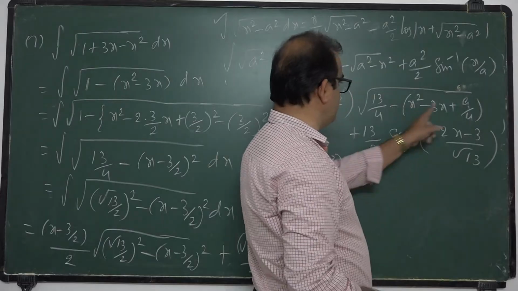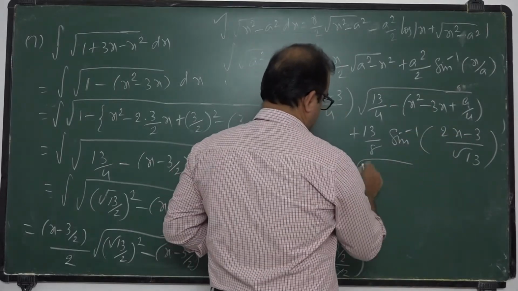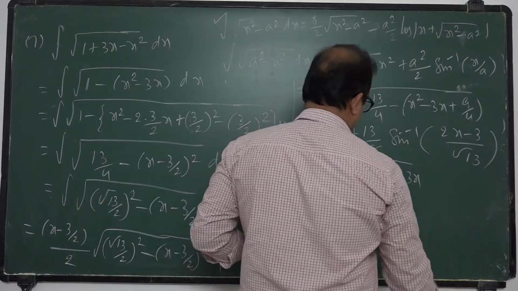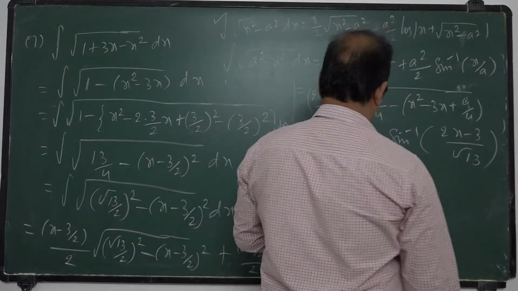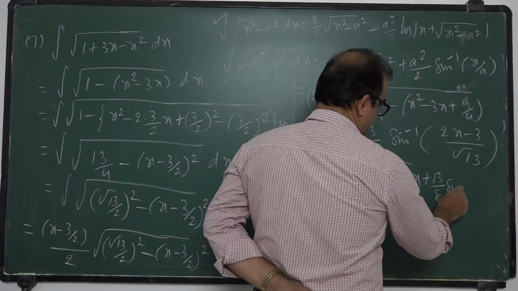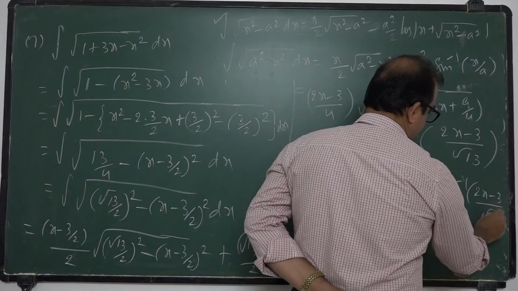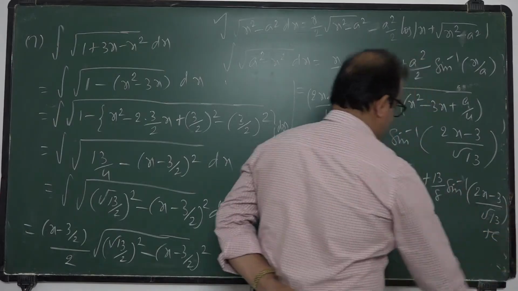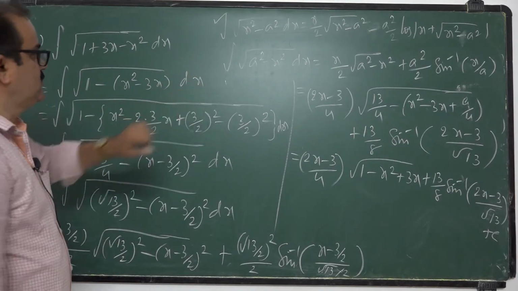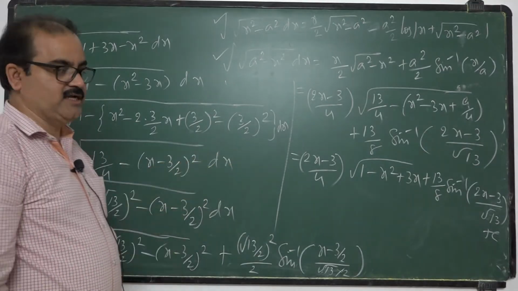Here 13 by 4 minus 9 by 4, 4 by 4 is 1. 1 minus x square, minus into minus plus 3x, plus 13 by 8 into sin inverse of 2x minus 3 by root 13, plus c. So apply that formula, write this formula and do the calculation carefully.